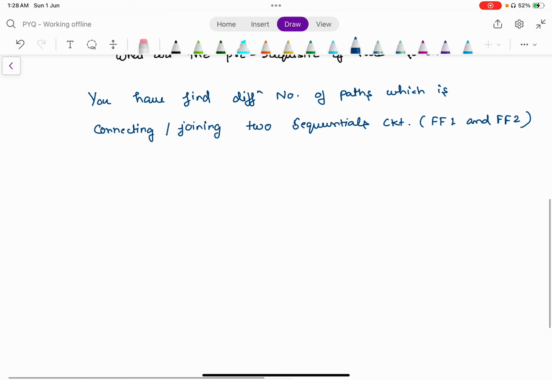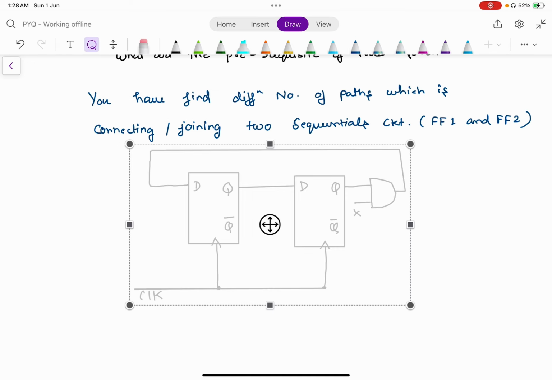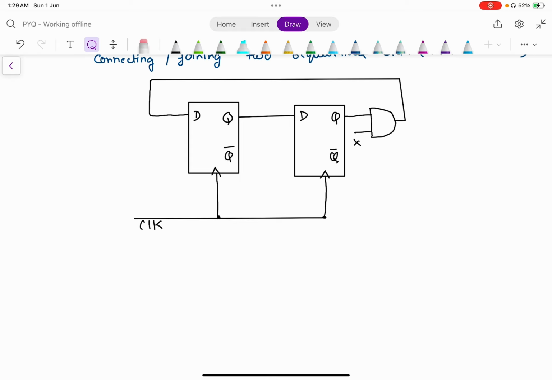So I will redraw the circuit. If you see, this is flip-flop 1 and this is flip-flop 2. The path joining flip-flop 1 to flip-flop 2, this is the first path, which is directly connected. We will say this is path 1, and the second path is this one, which is going through an AND gate.